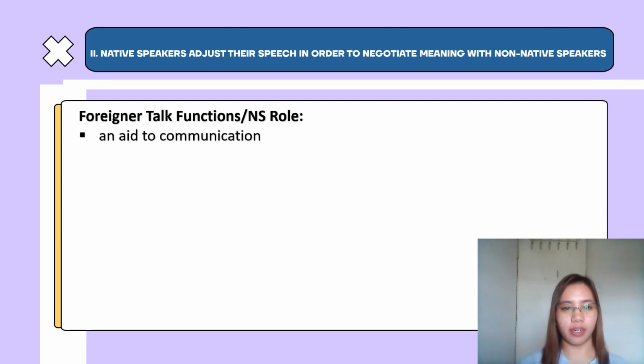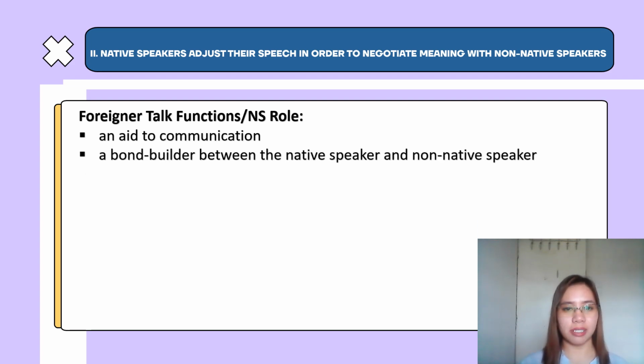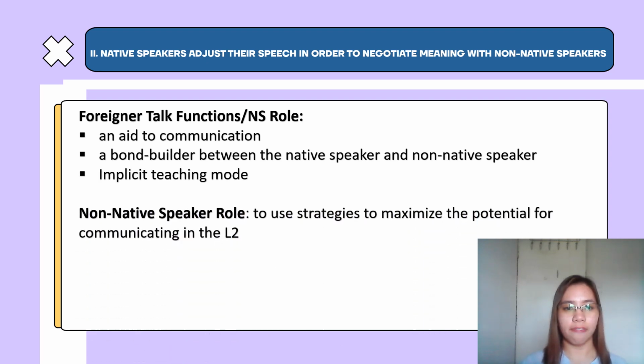Okay, so we have here the foreigner talk functions or the native speaker role: an aid to communication, a bond builder between the native speaker and non-native speaker, and an implicit teaching mode. And the non-native speaker uses strategies to maximize the potential for communicating in the L2, such as topic switching, word coinage, and mime.